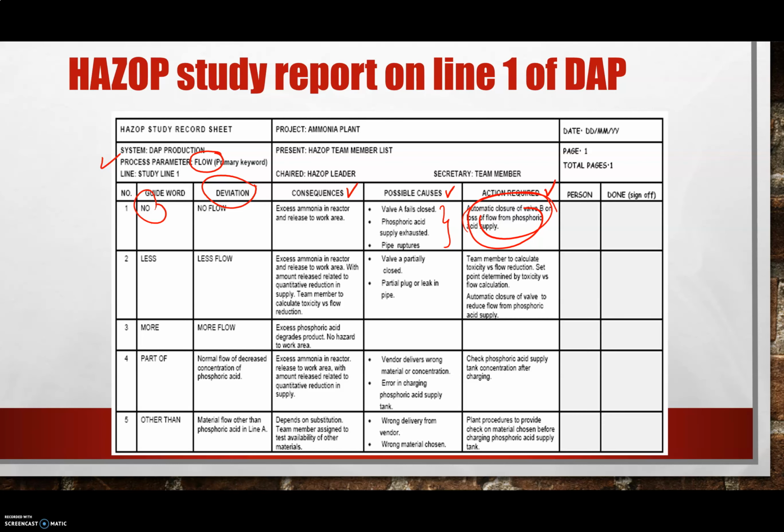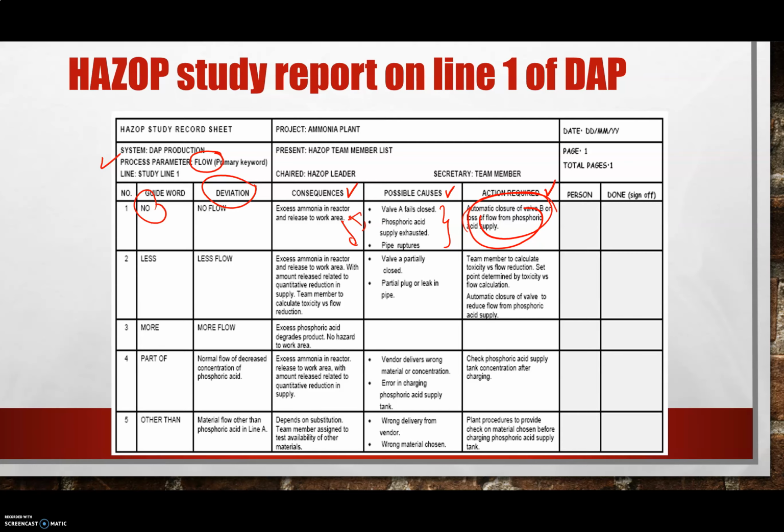Because these consequences have been contributed by what? Is it by valve A failing closed, or is it phosphoric acid supply, or is it a pipe rupture, or is it a combination of these 3 possible causes?